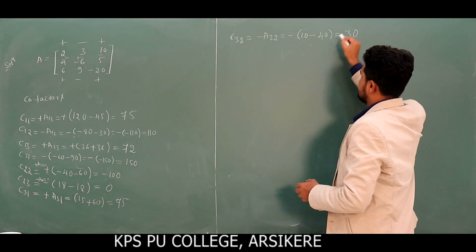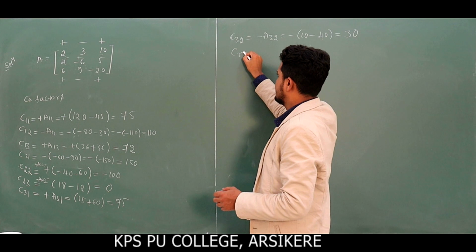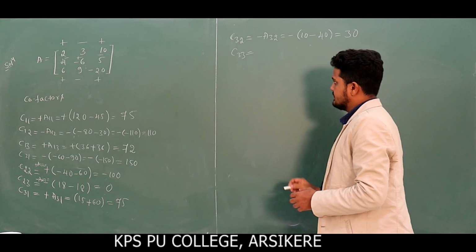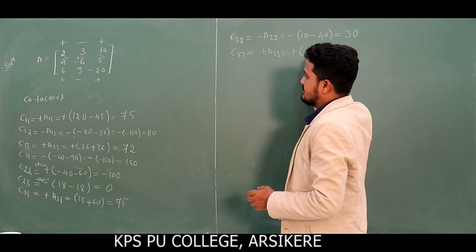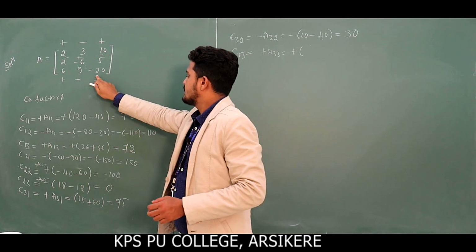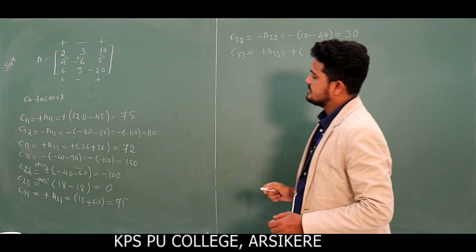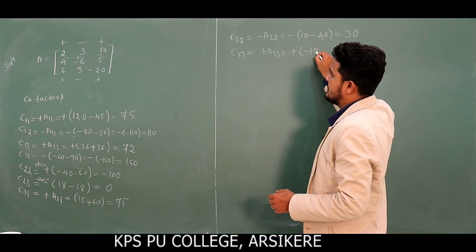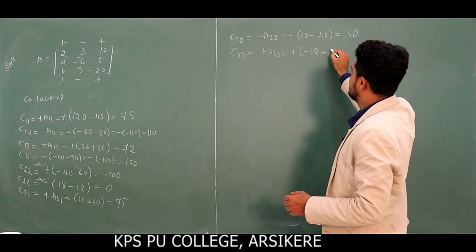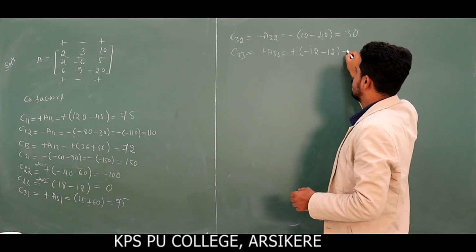Right? Plus 30. C33, the sign is plus, eliminating the third row and third column. Minus 12 minus 12, which is equal to minus 24.